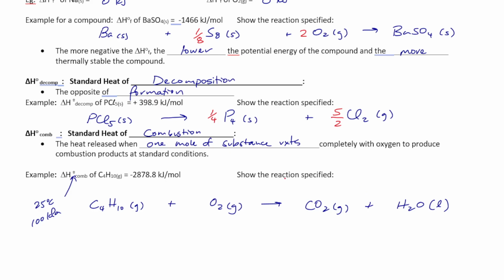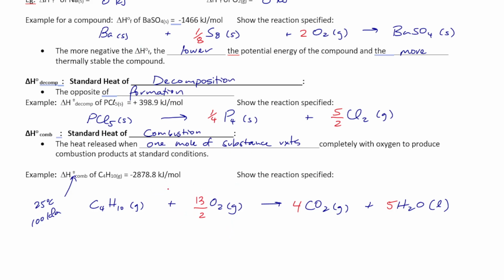Now I just have to fill in my stoichiometric coefficients. I've got a 4 here and a 5 here. So 4 times 2 is 8 oxygens plus 5 oxygens gives me 13 oxygens. Well, I need 13 oxygens, so I need to get rid of this 2 there because I have an odd number of oxygens that I need, and I write 13 over 2. Okay?